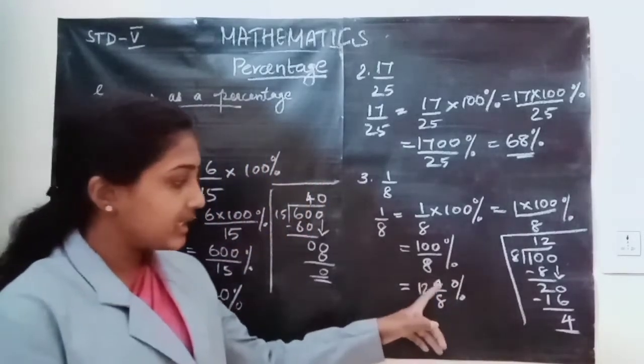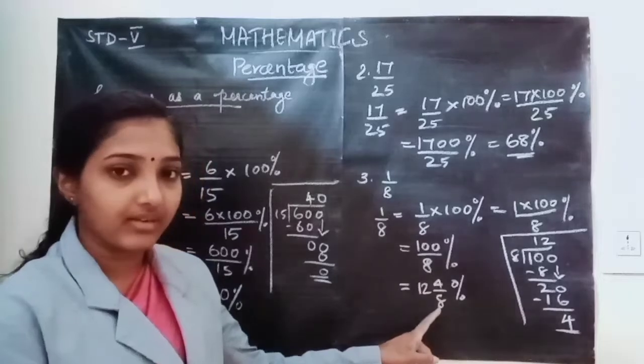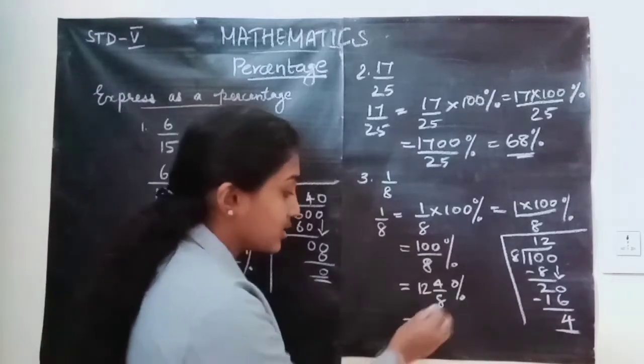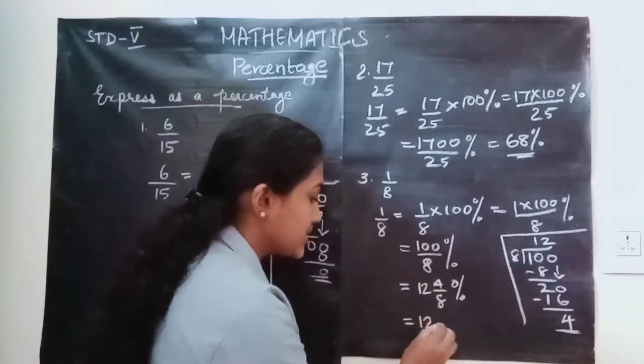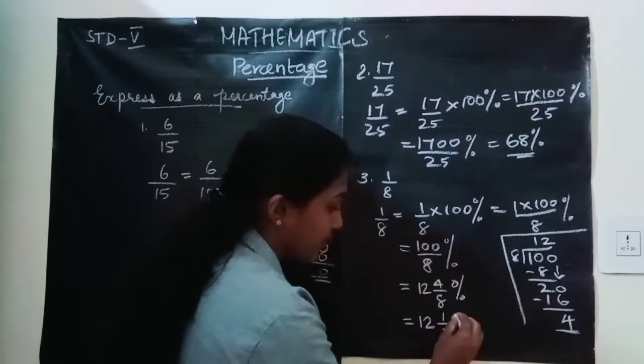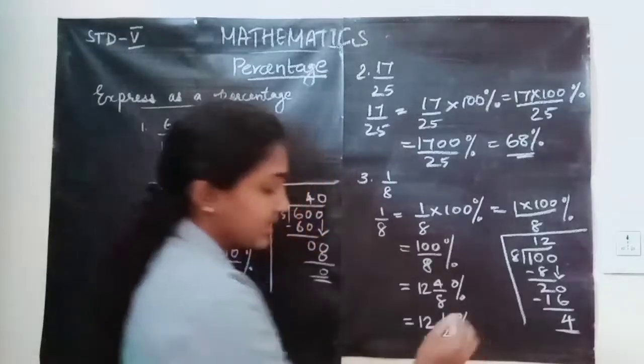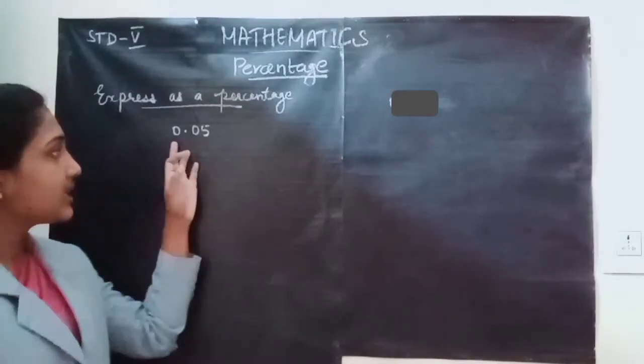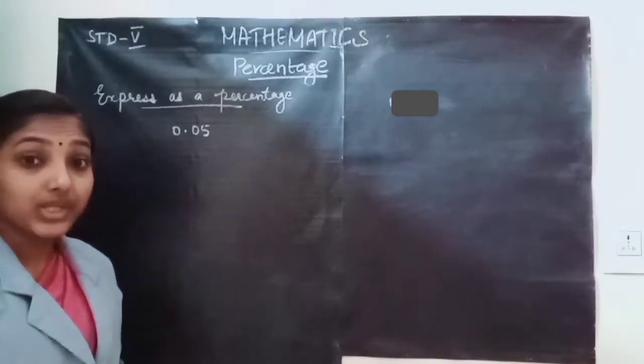And see here, this 4 by 8 is a fraction, and on converting it into its simplest form, it is 12 1 by 2%.